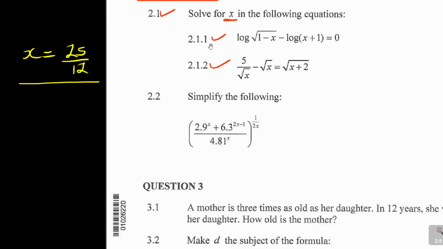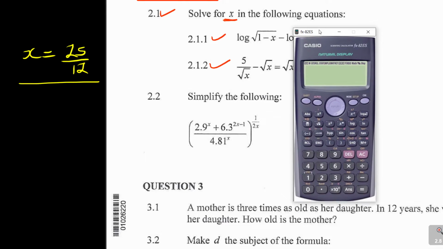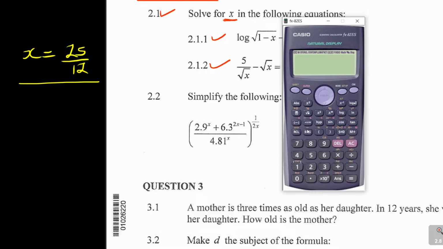So what you do is you start with the left hand side. You are going to say 5 over square root of fraction x is what? 25 over 12. Remember that. And then it's what? It's minus. Be careful how you do that. You see how I did that? Minus square root of what? x, which is what? 25 over 12. You get the one side of it.